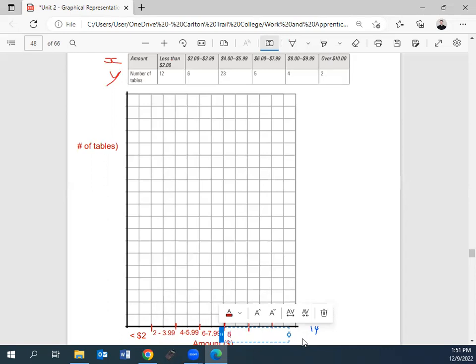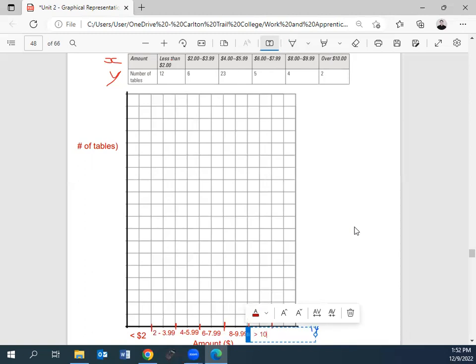Then we're going to have 8 to 9.99. That's 4 to 5.99 and 6 to 7.99. And then finally, it's just going to be over 10.